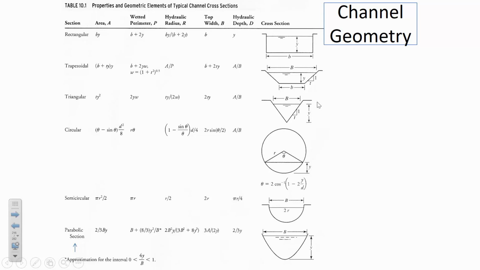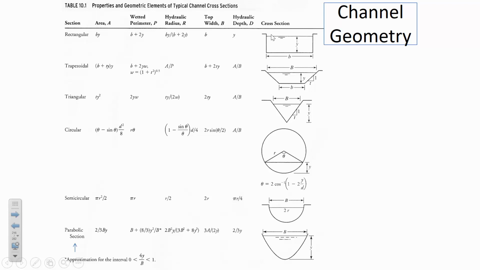And what we'll see most commonly will be rectangular channels, trapezoidal channels, and the reason that we'll see a lot of trapezoidal channels is that the side slopes for an earth embankment makes it so that we can't have a vertical face on soil. The soil would collapse into an earth-lined channel, and so it's common to have a trapezoidal channel, whether it's just bare earth or if it is grass-lined.